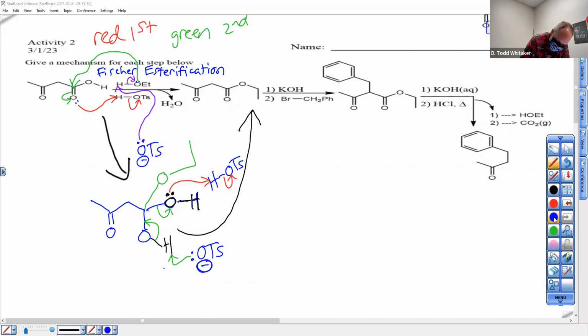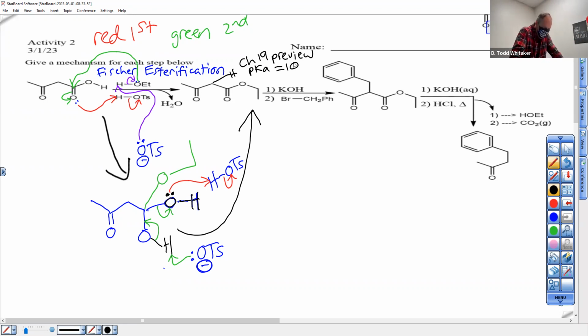Ready for a chapter 19 preview? Wow. Yeah, it's also on your test, so mandatory preview. pKa equals 10. Why? I thought alpha to a carbonyl was 20. It was.